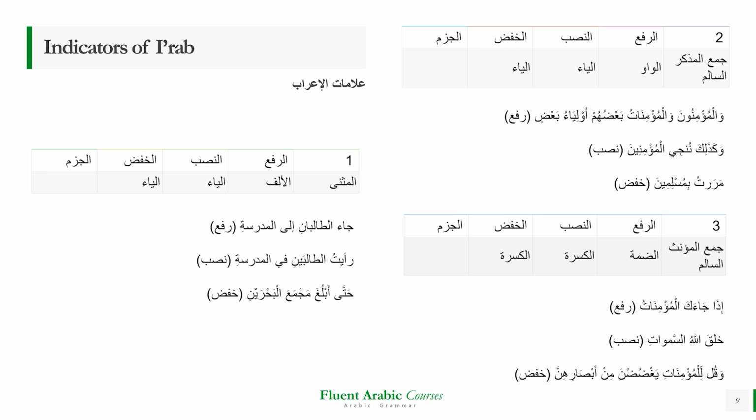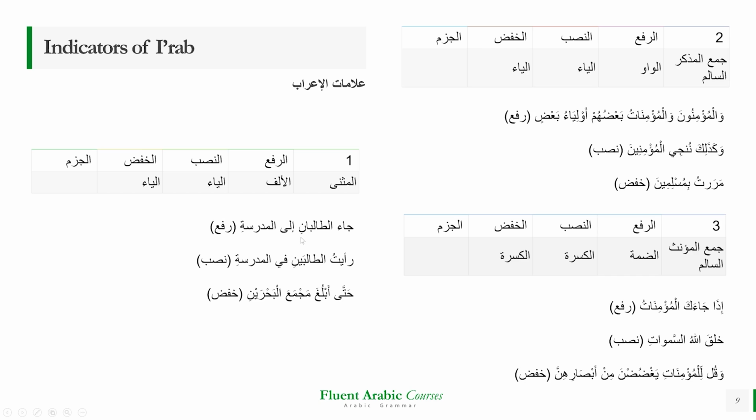The first exceptional case is the muthanna or the dual form. In the dual form, the state of rafa is indicated by the alif, and the state of nasab by the ya, and the state of khafdh again by ya. It does not have the state of jazm as it is a noun. جاء الطالبان إلى المدرسة.